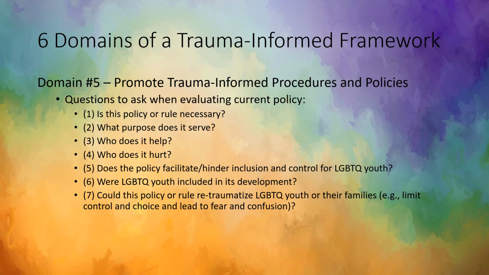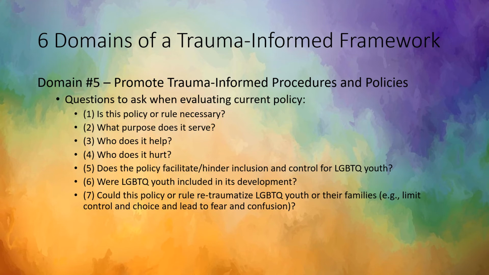Some examples of policies that can be adopted include non-discrimination policies that include sexual orientation and gender identity explicitly, clear and non-punitive discipline policies, such as a calling in approach versus calling out, and restorative practices.